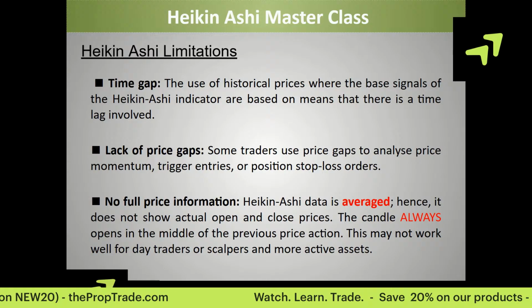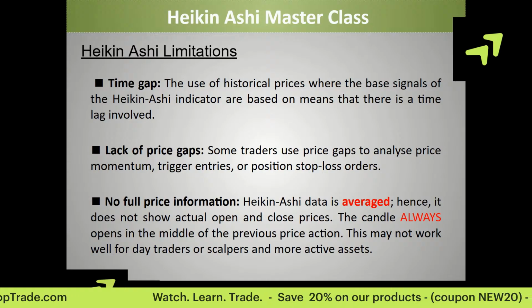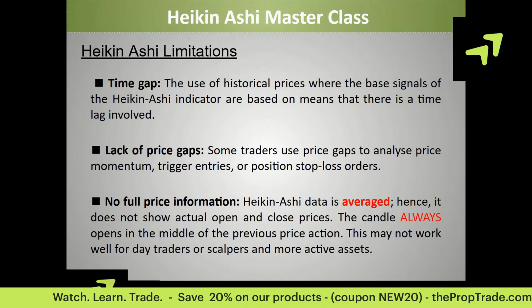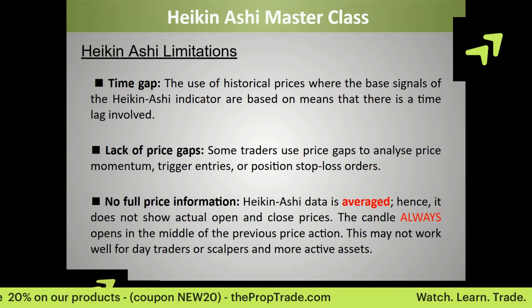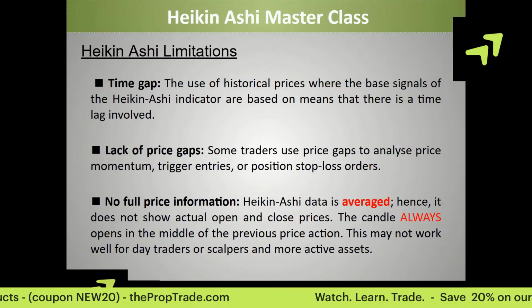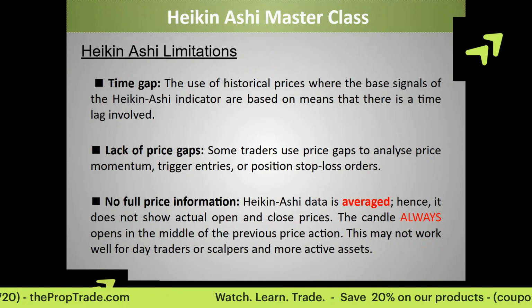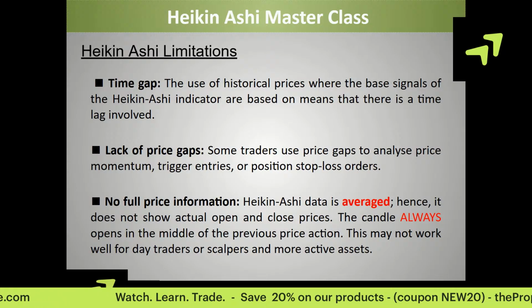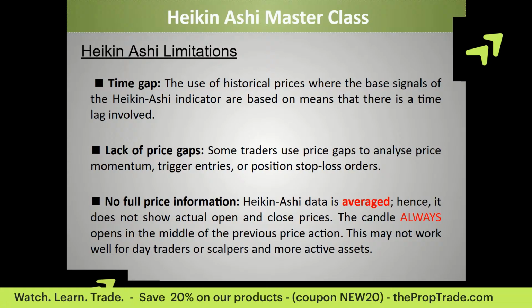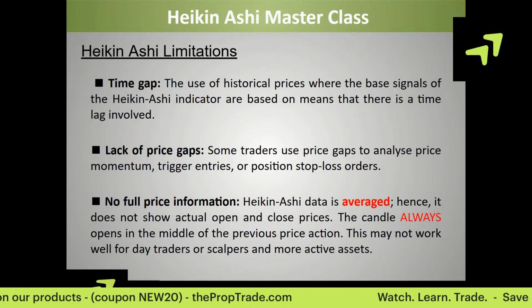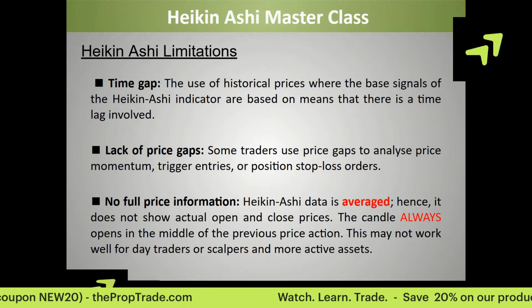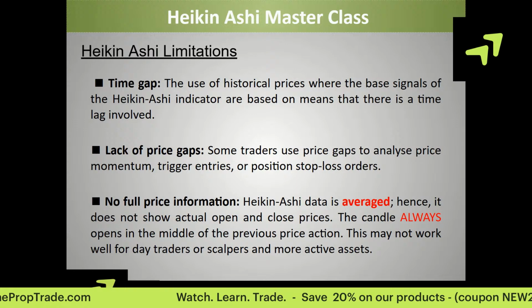The other thing that scalpers and people trading the opening of cash sessions won't use them for, or criticize them for quite significantly, is the lack of gaps. Some traders use price gaps to look at momentum and triggers and entry points, or for putting stop losses. With Heikin-Ashi, because we're averaging the price over the time period, you don't get any gaps.